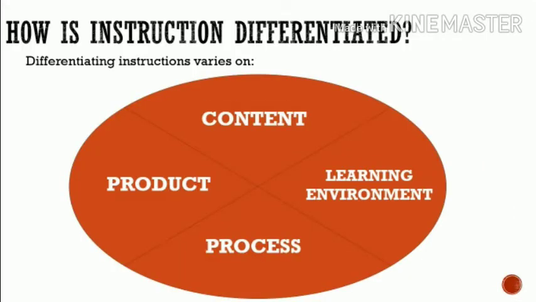How is instruction differentiated? According to Bender, elements of curriculum can be differentiated into four: the content, the learning environment, the process, and the product, in response to the students' characteristics, or their interests, readiness, as well as learning profile.